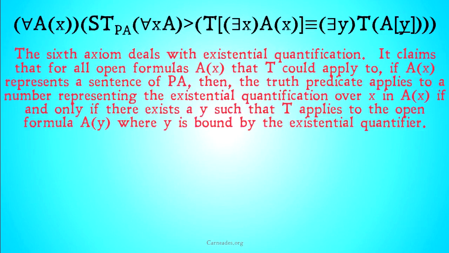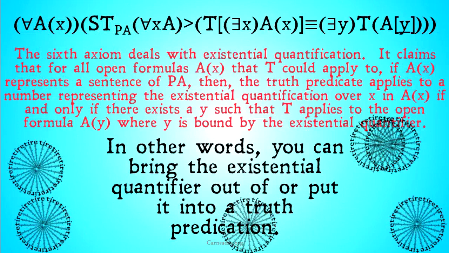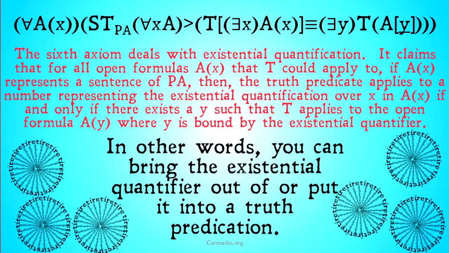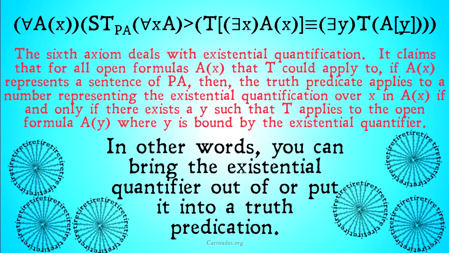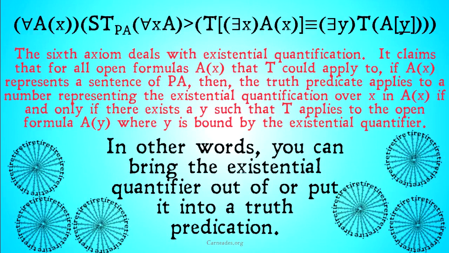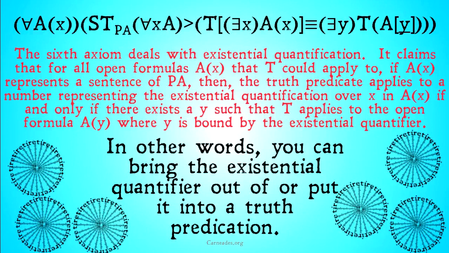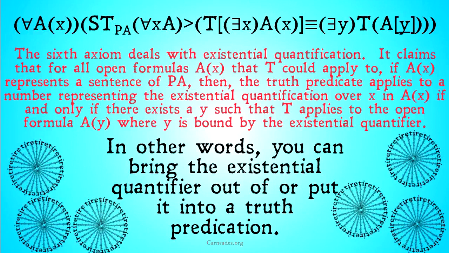And the same is going to apply to existential quantification. It claims that for all open formulas AX that T could apply to, if AX represents a sentence of PA, then the truth predicate applies to a number representing the existential quantification over X in AX, if and only if there exists a Y such that T applies to the open formula AY, where Y is bound by the existential quantifier.